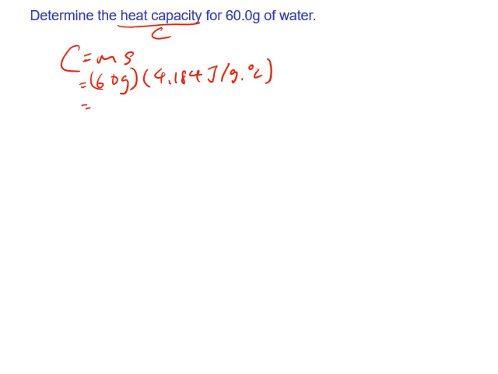We calculate and get 251 joule per degree Celsius. It is very important that every student puts in the value and also the correct units.